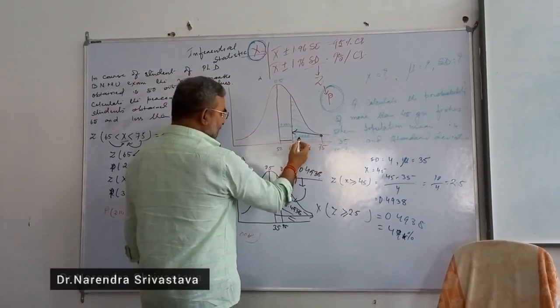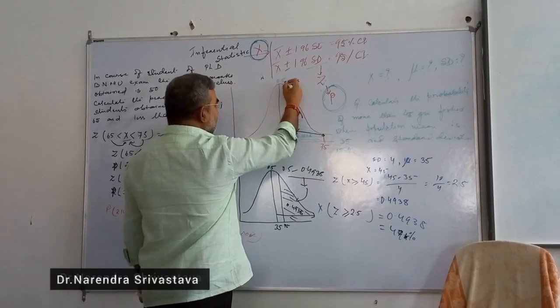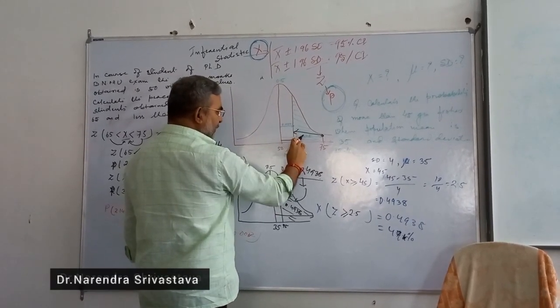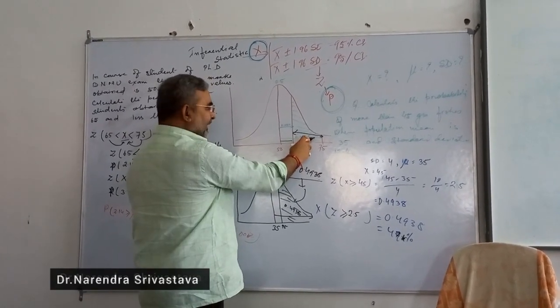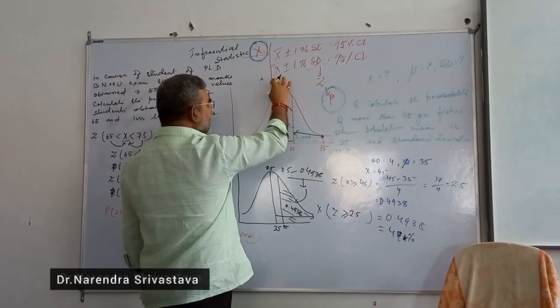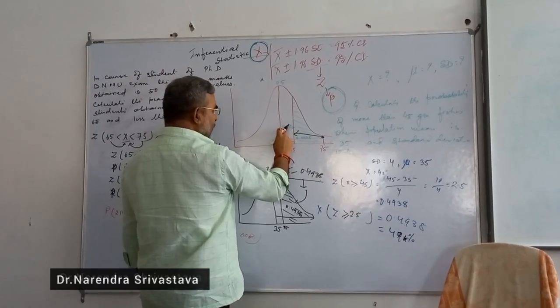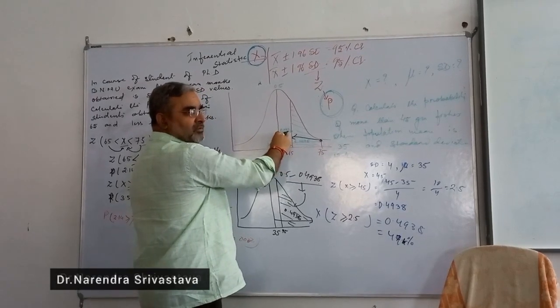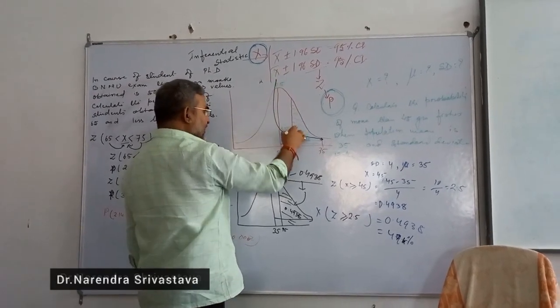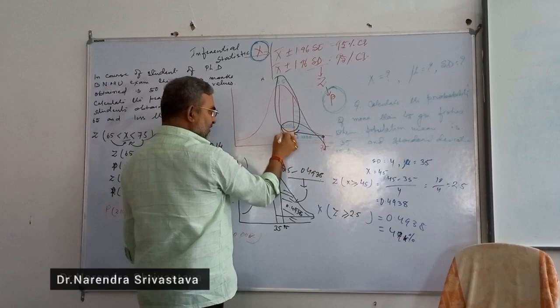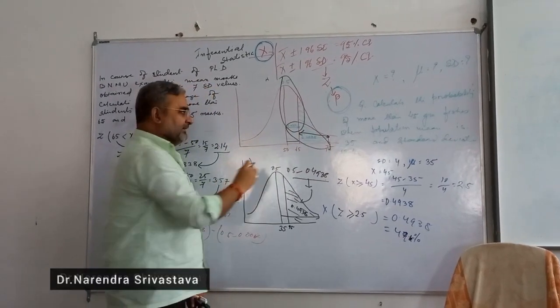That means the difference between 0.5 and 0.4998, and the difference between 0.5 minus 0.162, and again the difference of this one and this one describe the standard area.